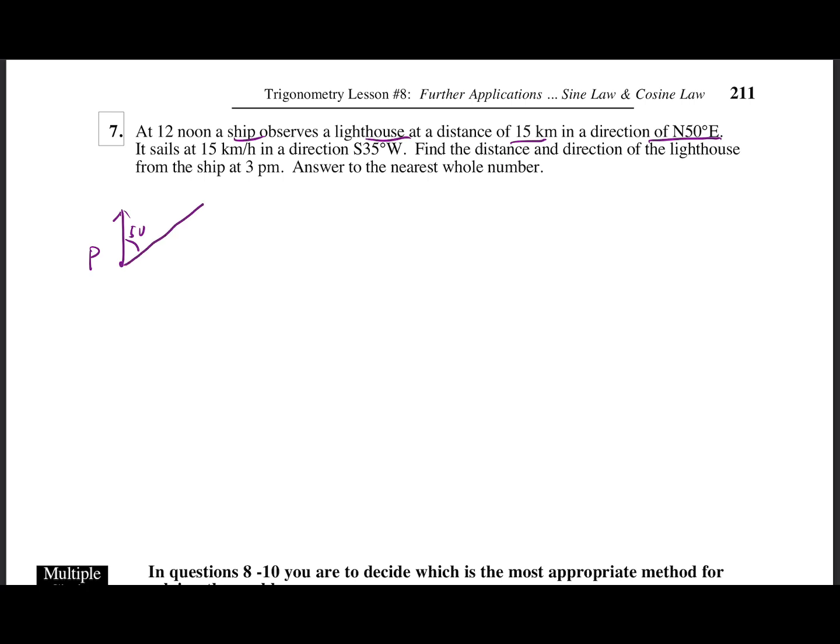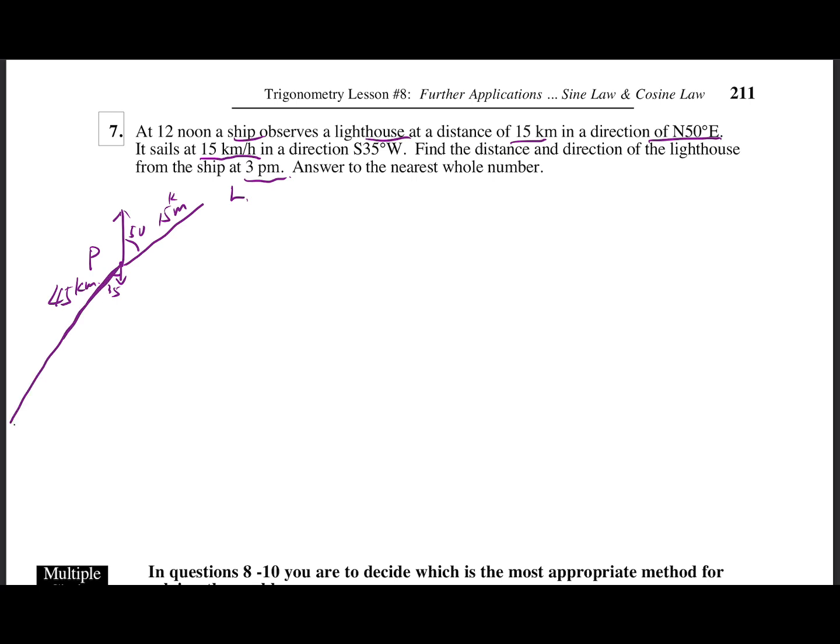So it's this way, and then it's 15 kilometers. So this is the lighthouse, and it sails 15 kilometers per hour in the direction south 35 degrees to the west. And then how long is it, 3 p.m.? It's 3 hours. So it's 45 kilometers.